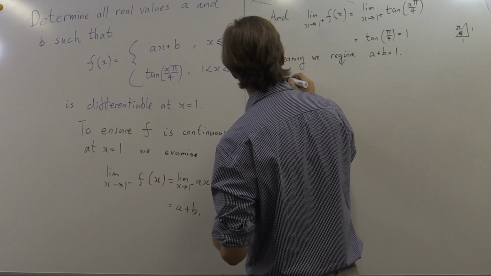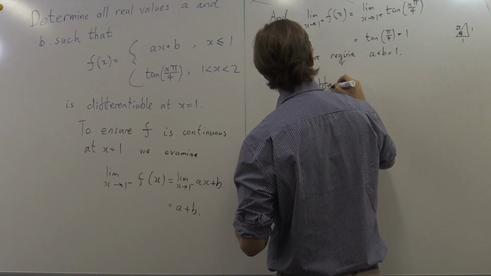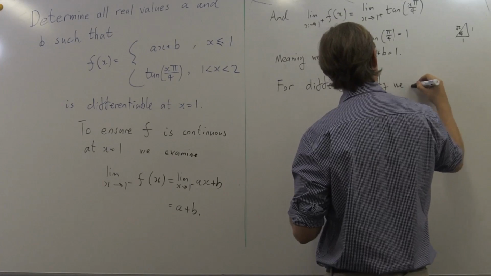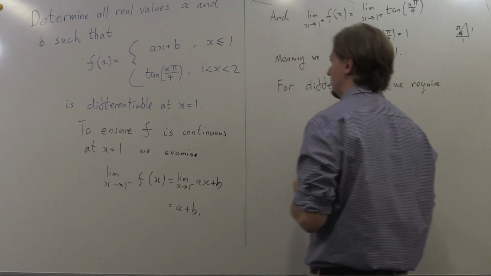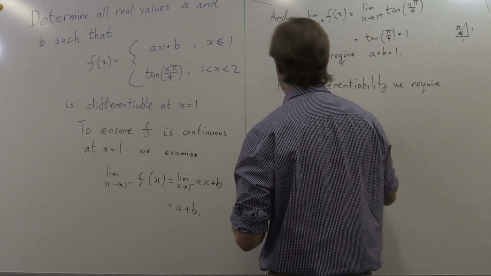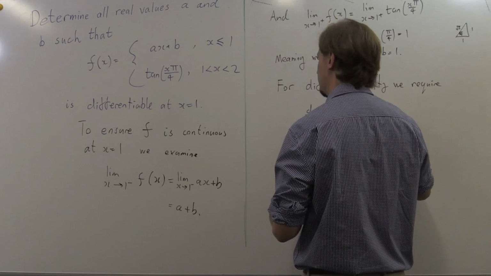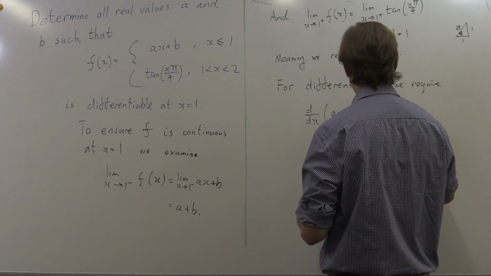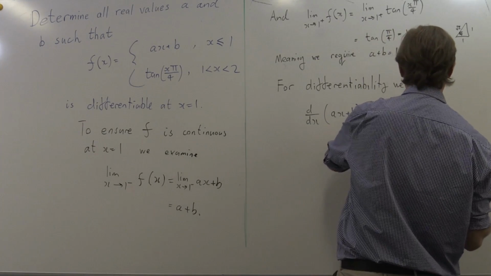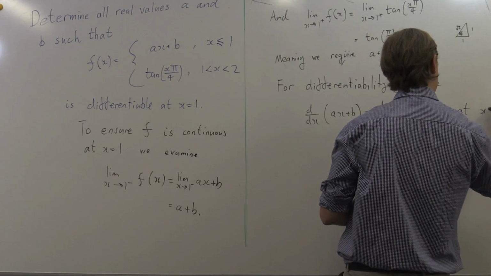Right, so for differentiability, I'm going to require that the derivative of ax plus b will have to equal the derivative of the tan of x pi over 4 at x equals 1.